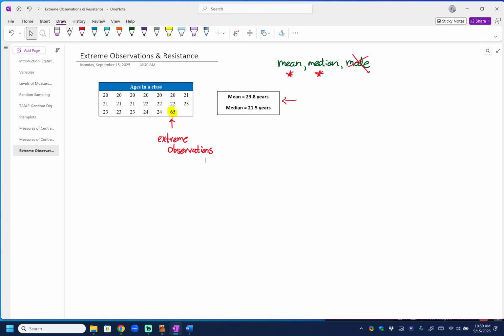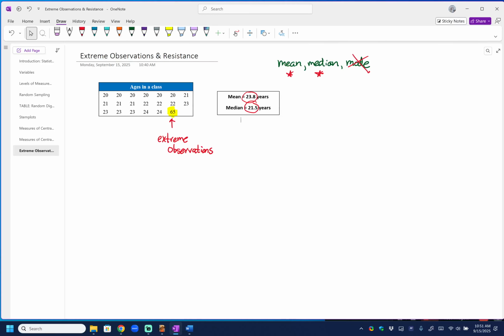So I'm just going to show you with a visual example here which one it does have an effect on. You might have an idea already. If you were to take these two numbers, 23.8 and 21.5, which one of them actually seems to better describe the actual center of this data set?